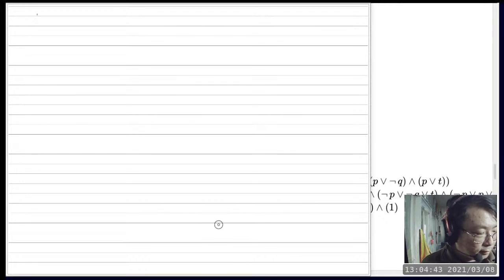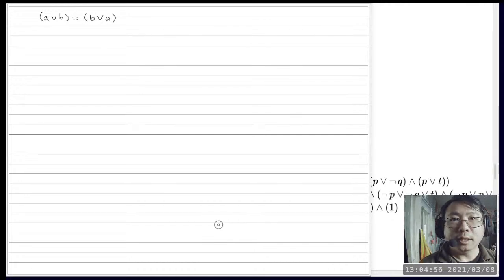Since we only have to deal with OR, we can say A or B is the same as B or A. That's commutative. Disjunction is commutative. That's fairly understandable, right?